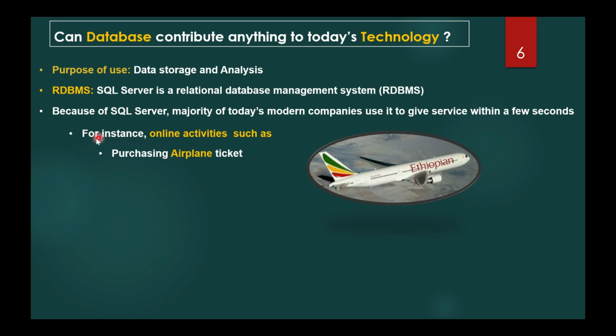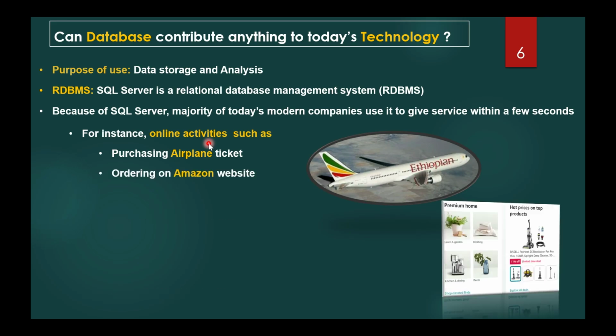Over 6 million people a year purchase Ethiopian Airlines tickets, purchasing at the same time, because the DBMS database allows it. Like I talked about earlier, if you want to purchase online, for example, it can be Amazon, Alibaba, and other websites.